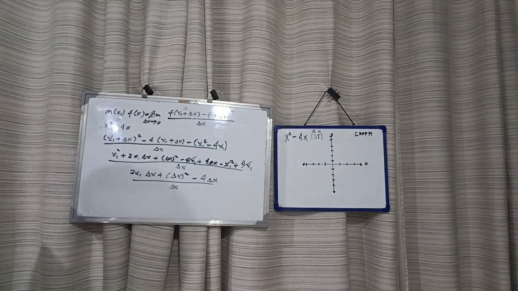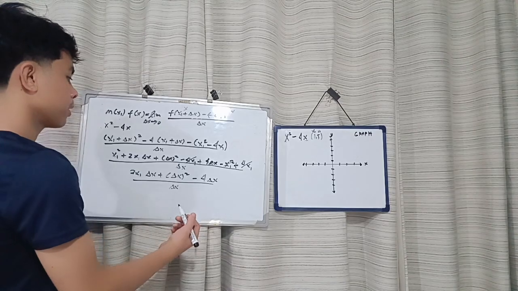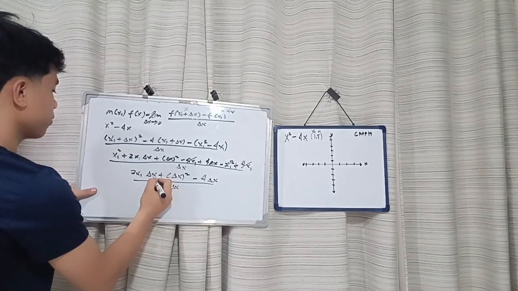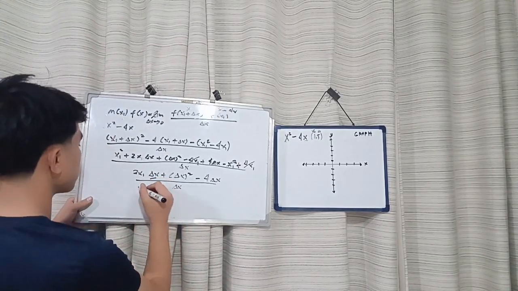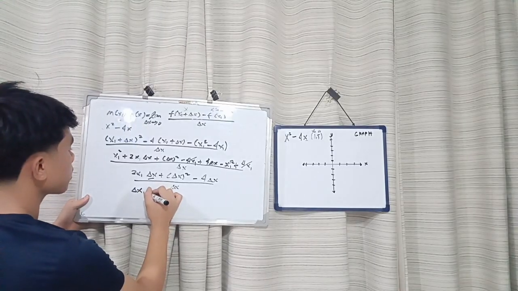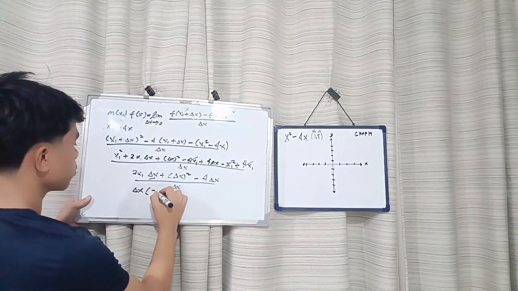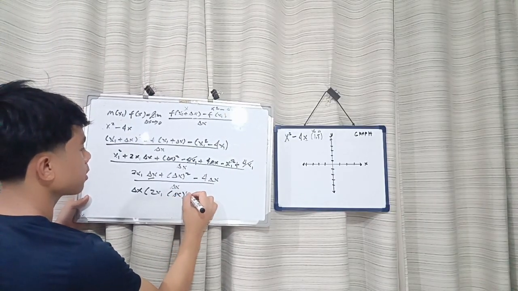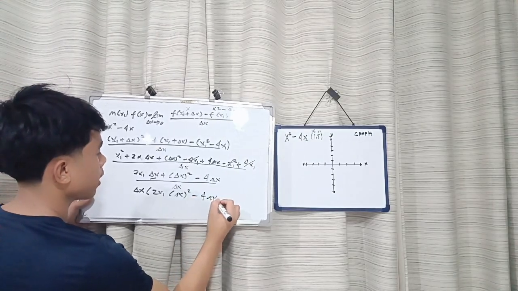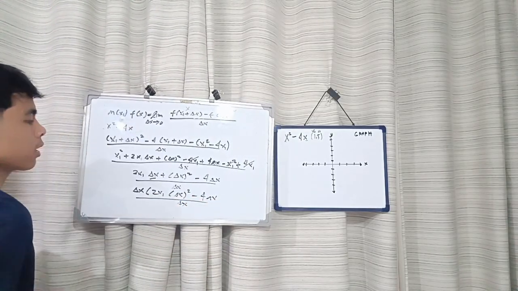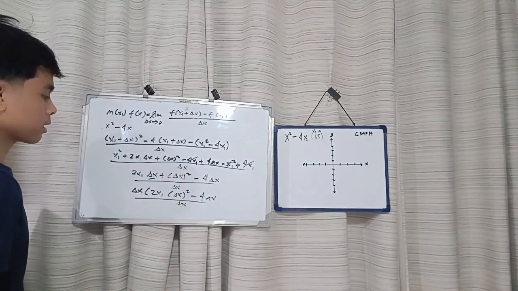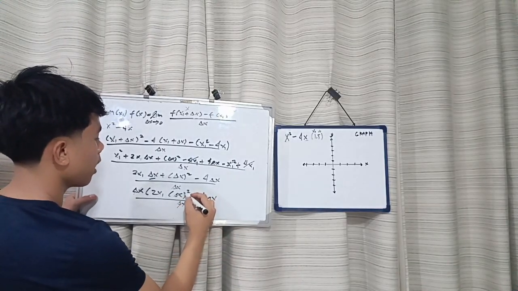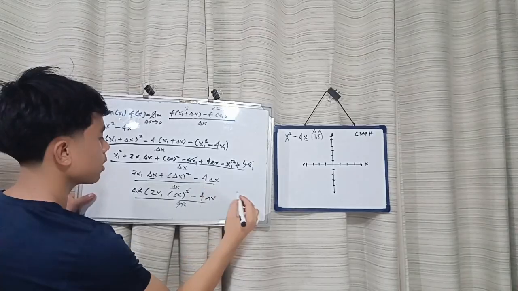Next, factor out delta x, so delta x open parentheses 2x sub 1 plus delta x minus 4. Then you can cancel out the delta x.